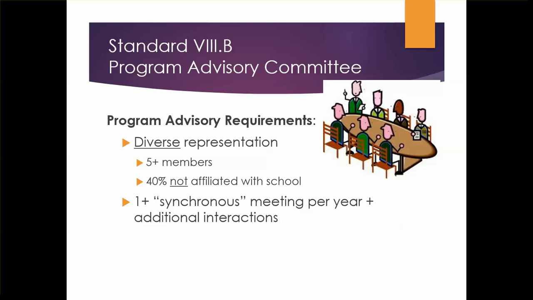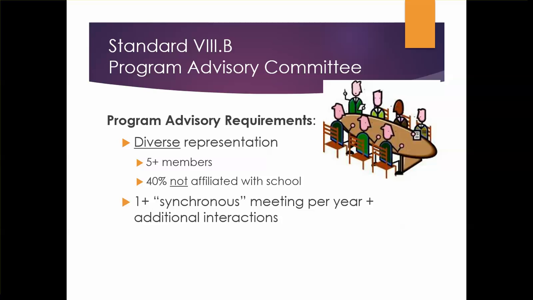The Commission also requires that you hold a minimum of 1 synchronous meeting a year, and then any additional interactions on top of that. Now, the term synchronous was used to mean you're all meeting at one time. Because some of you may want to find diverse representation or unaffiliated members that may not be in your area, it's not requiring an in-person meeting.